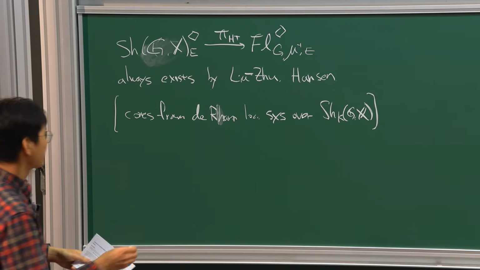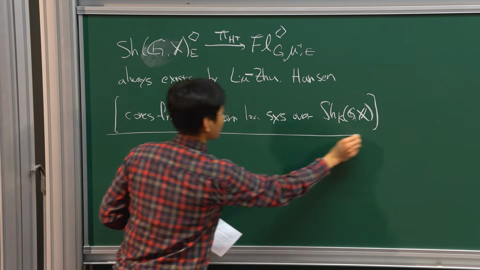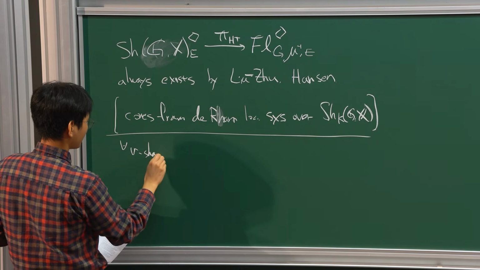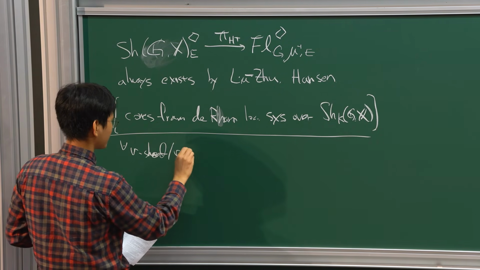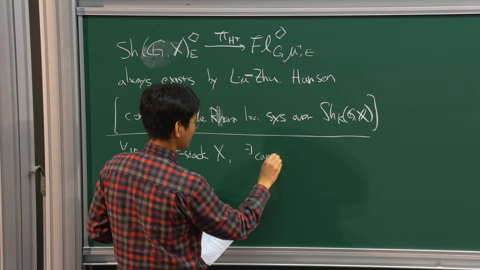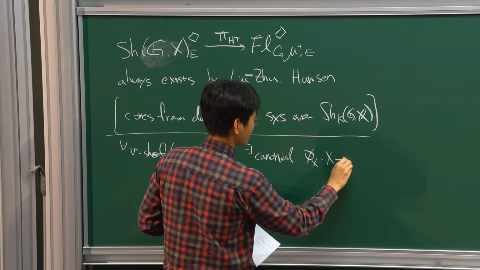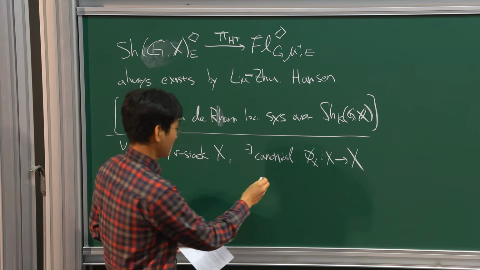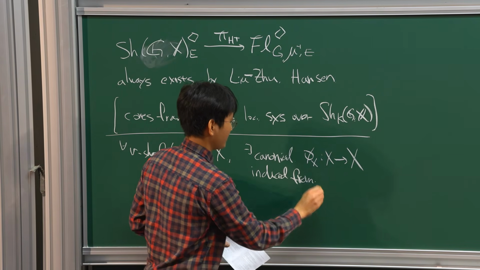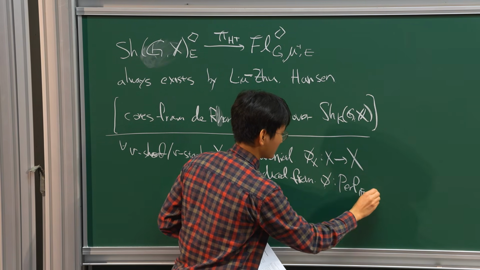And another thing I have to mention before I can state the definition is for every v-sheaf or v-stack X, there exists a canonical Frobenius from X to X, which is just induced from the Frobenius on the category of perfectoids itself.